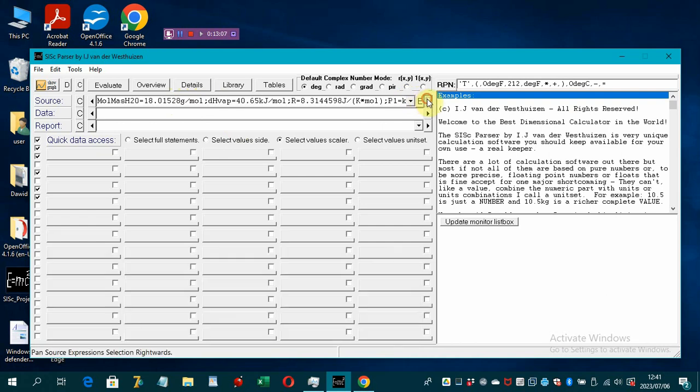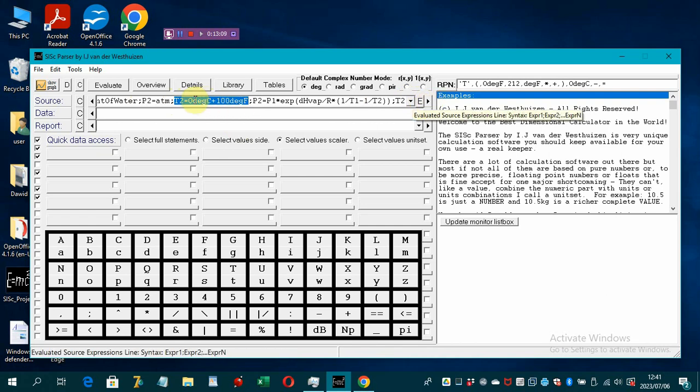Let's highlight it. Of the temperature, it's now per scale. It's O-C, that's 0 degrees Celsius plus 100 degrees. Sorry, that should be Celsius. 100 degrees Celsius.